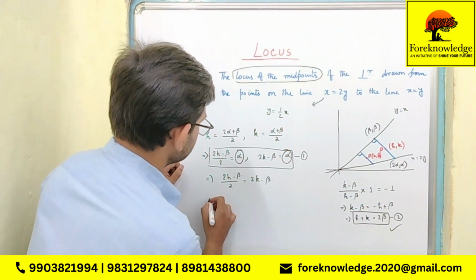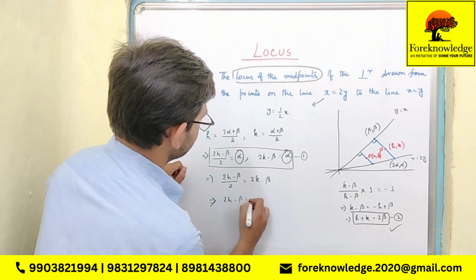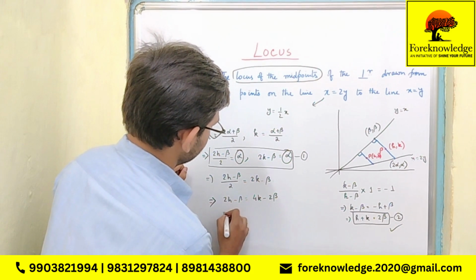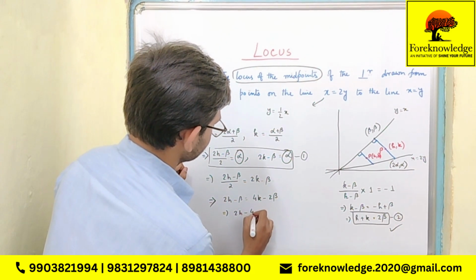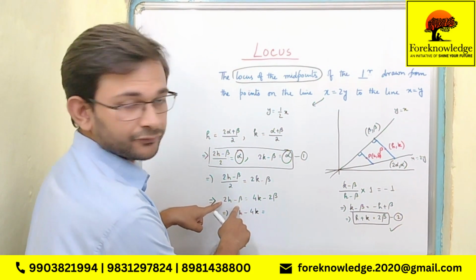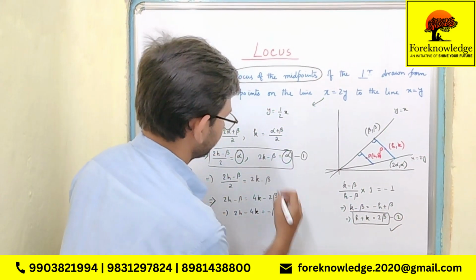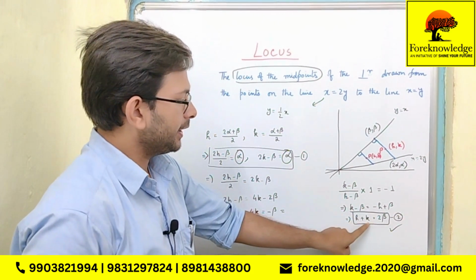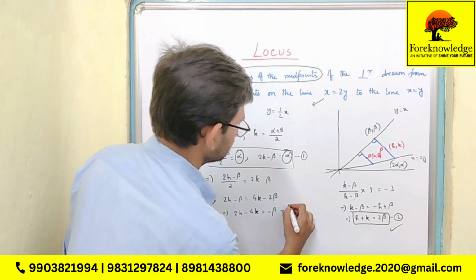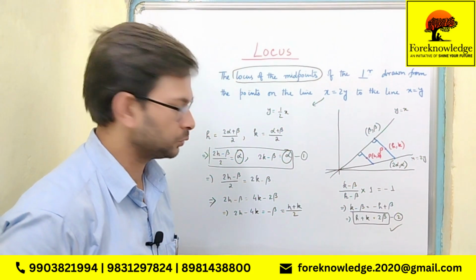So now let's simplify. 2h minus beta equal to 4k minus 2 beta. That means 2h minus 4k equal to minus 2 beta plus beta, that means minus beta. Now beta is h plus k by 2.